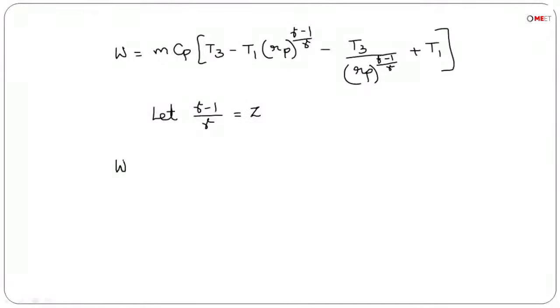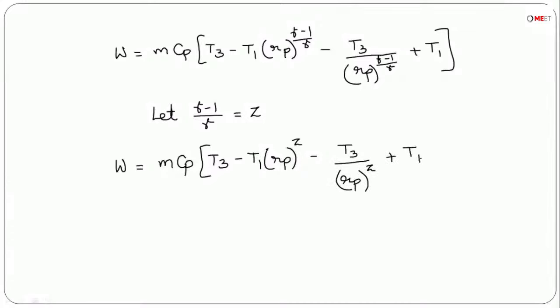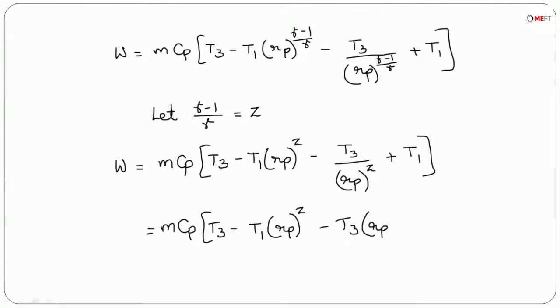Now from this work done will be equal to mcp into T3 minus T1 into Rp to the power z, minus T3 by Rp to the power z, plus T1. Now we can write this as mcp (T3 minus T1 into Rp to the power z minus T3 into Rp to the power minus z plus T1). So taking Rp to the power z to the numerator, it becomes Rp power minus z.